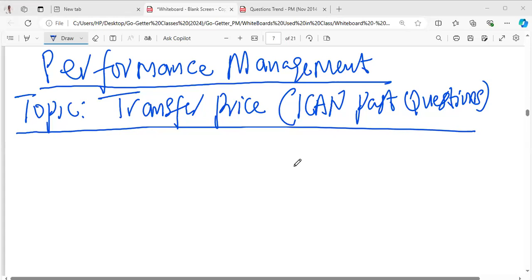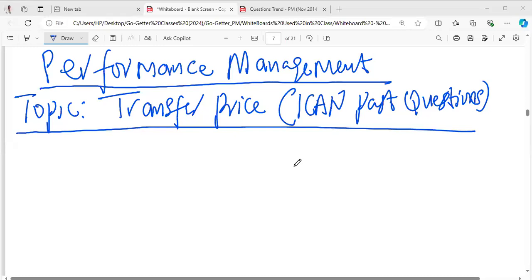And we said sometimes it's good to see what will happen when the companies transact within each other and when they are transacting outside, and which one will benefit the company as a whole, not the individual. The company, or the group as a whole, is what is more important.